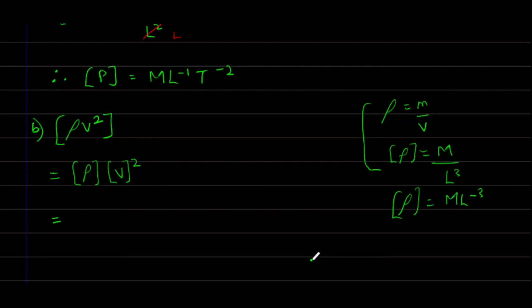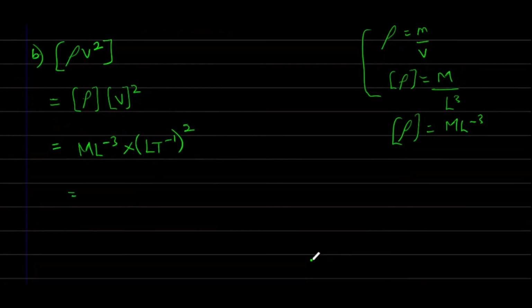The dimension of density is now M L raised to the power minus 3, times the dimension of velocity, which is LT raised to the power minus 1, but we have the square of it. If you apply the law of indices, the square is for both L and T, and the power here is 1. So 1 times 2 will give us L squared, then T raised to the power minus 2. So we are going to obtain M. We can solve it by saying L raised to the power minus 3 multiplied by L raised to the power 2.